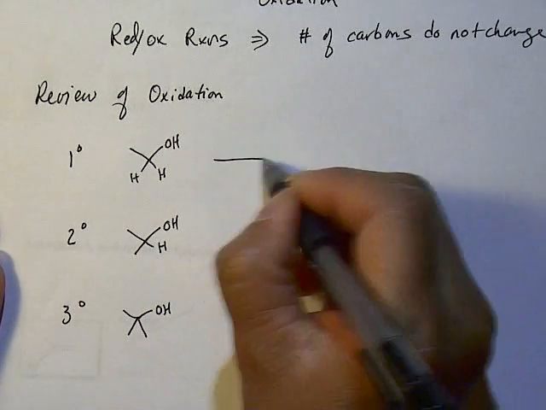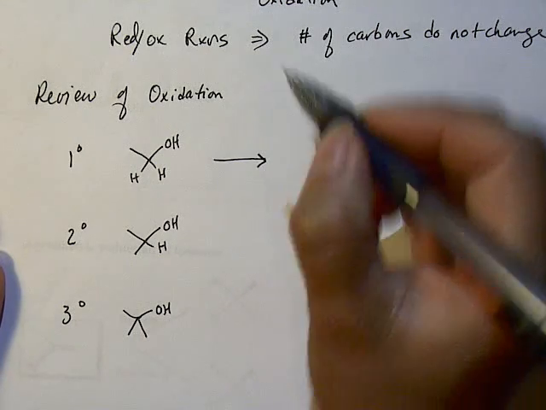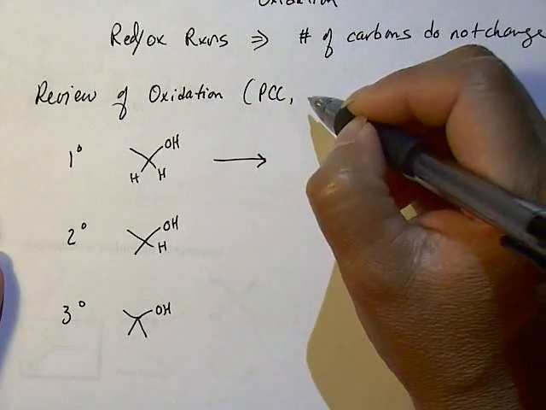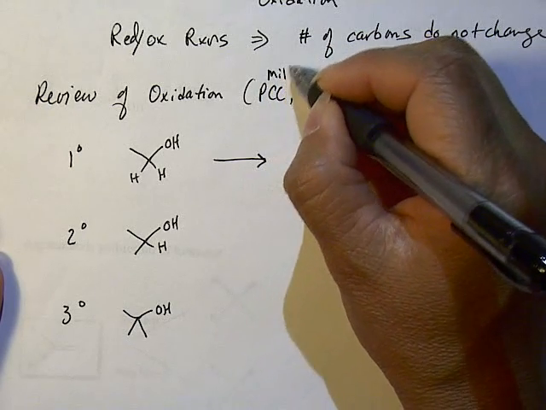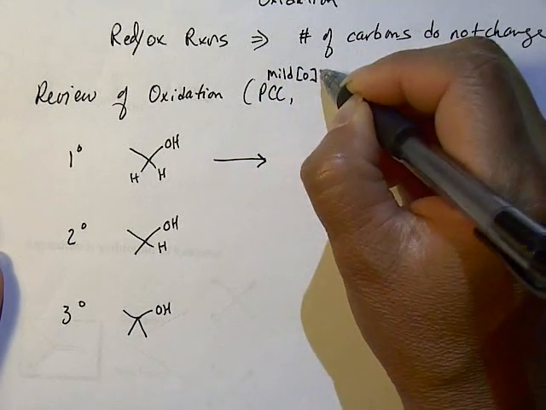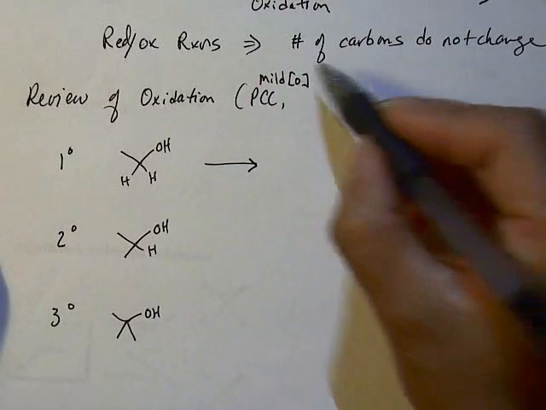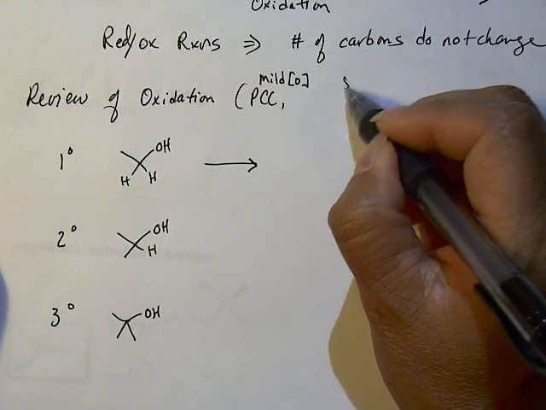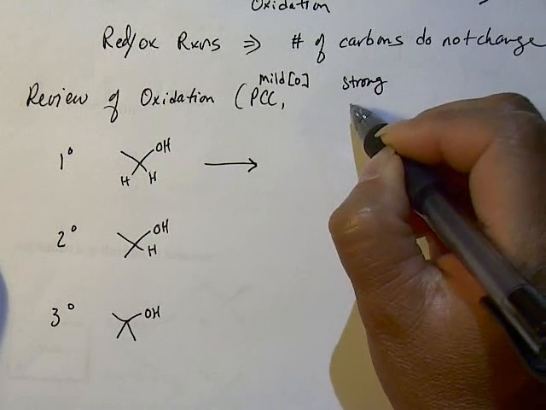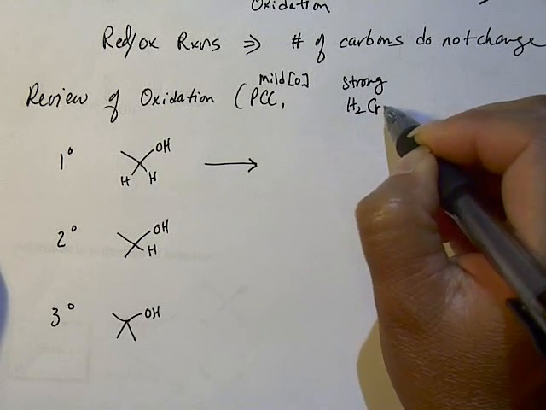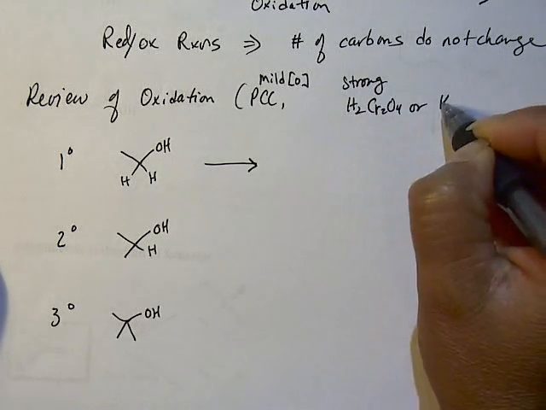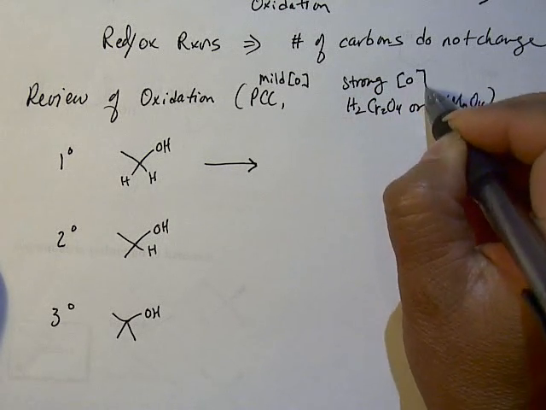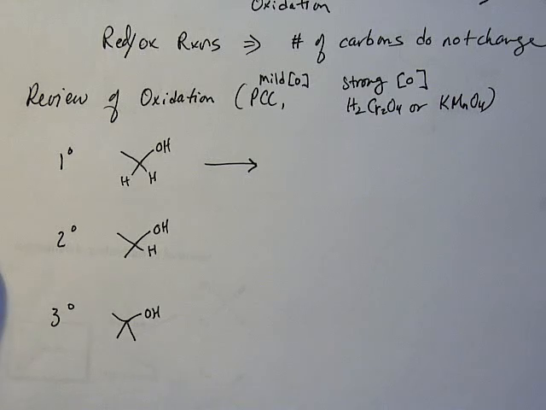So you learned some reagents, I believe PCC, which is considered to be the mild oxidizing agent. Or you had a strong oxidizing agent. You might have chromic acid, or KMnO4, or some kind of strong oxidizing agent, right?